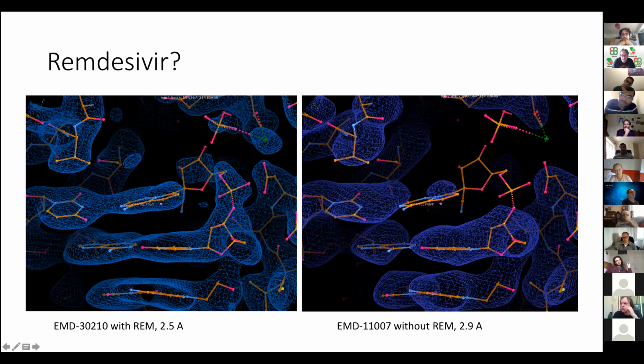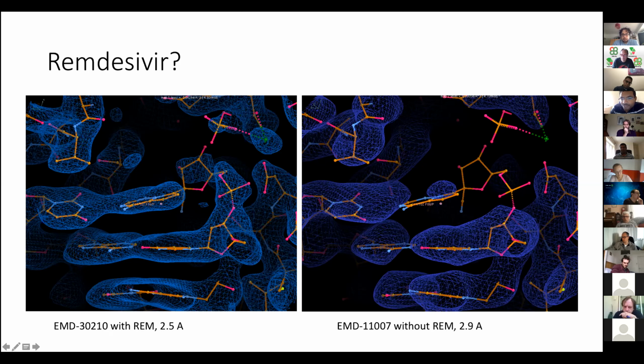If I remember from Arden's presentation, they have a different sequence for the RNA. So here, the map and model come from the left picture, and the right picture is this resampled map on the left model.